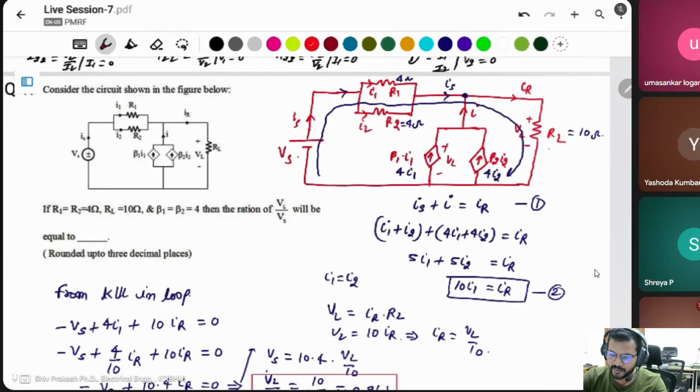But sometimes if there is any resistor here, in that case you can't apply KVL in this loop because I don't know the voltage drop across the current source. So simply we apply KVL in the bigger loop and put the values accordingly, and we'll get the final VL by VS.